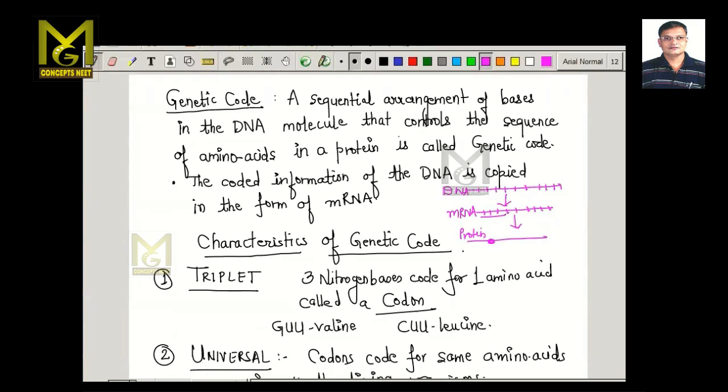One codon codes for one amino acid, the next codon codes for another amino acid, and so it goes on. So these bases are transcribed into mRNA, which then controls the formation of amino acids specifically, or a protein chain in general.